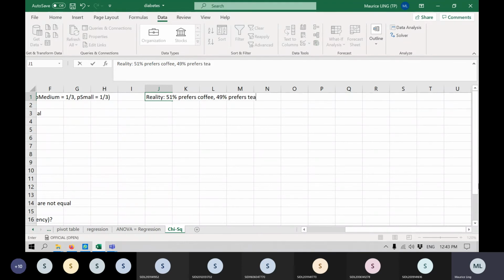We want to test the research question: is there equal preference of tea versus coffee?